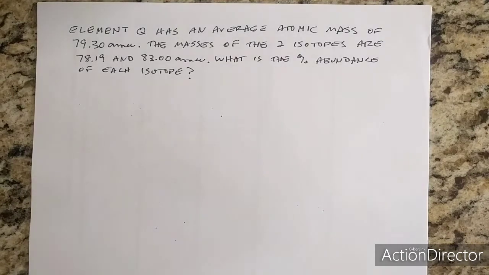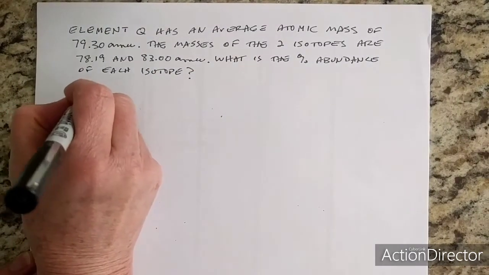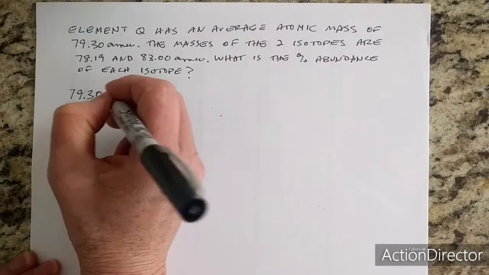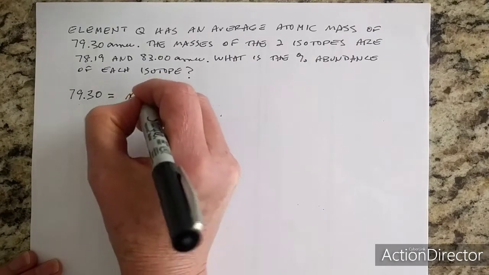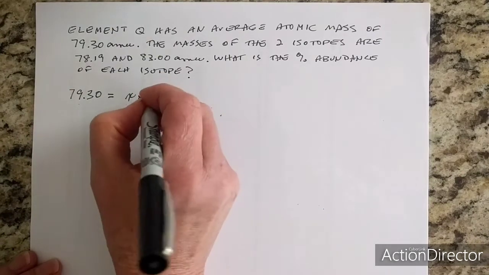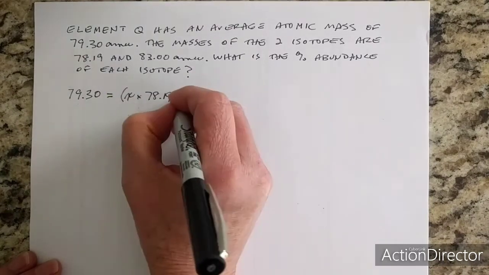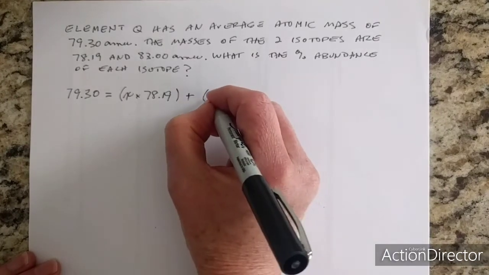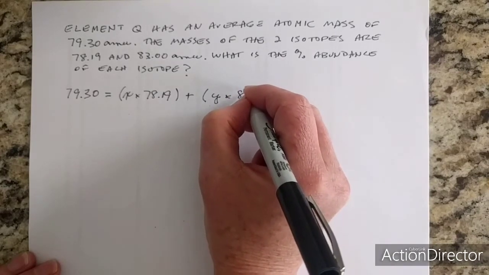Okay, so we have our formula. This time we're given the average atomic mass, so we're going to start out with that. So we know that 79.30 is equal to the percent abundance of our first isotope. Well, we don't know what that is. I'll call that X, times the mass of our first isotope, 78.19 atomic mass units, plus the percent of our second isotope. I don't know what that is. I'll call that Y, times the mass of our second isotope.